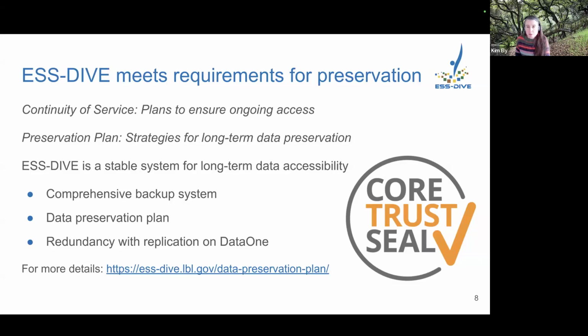Meeting these requirements highlights that ESS-DIVE is a stable system for long-term data accessibility. It has a comprehensive backup system, a data preservation plan, and additional redundancy with replication of all of the data across the DataONE network. So at a minimum, this CoreTrustSeal certification guarantees the data continues to be available beyond the lifetime of the project award.